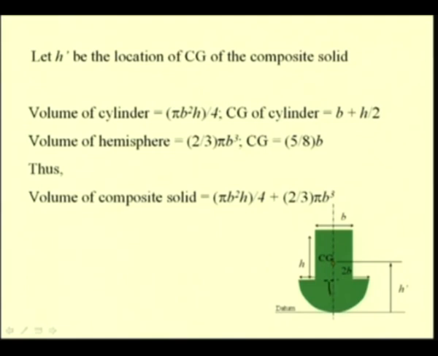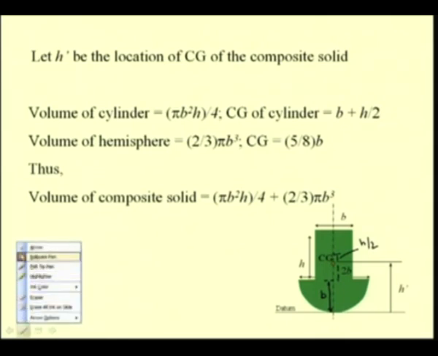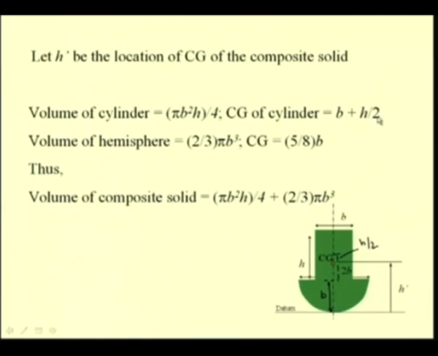So, up to this is b, and we have h by 2. If this is the location of CG of the cylindrical portion, then this is h by 2, and so we have the CG of the cylinder located at b plus h by 2.